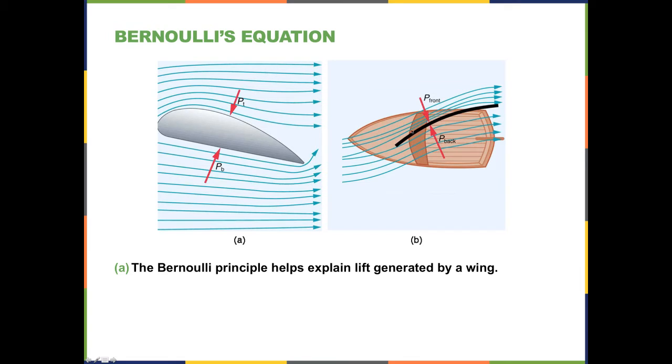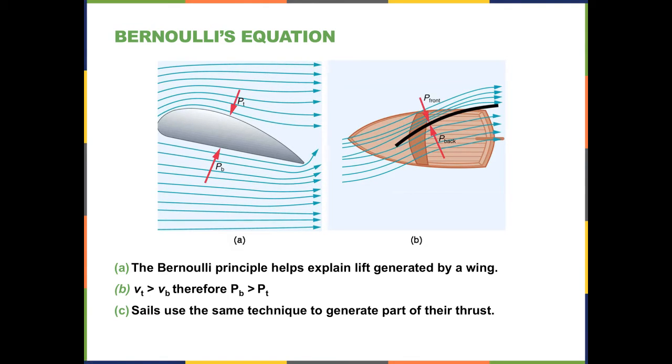And it's also used in sails. So what they're saying here is the velocity over the top of the wing is greater than the velocity under the bottom of the wing, and therefore the pressure here is less than the pressure here, and so you get lift.